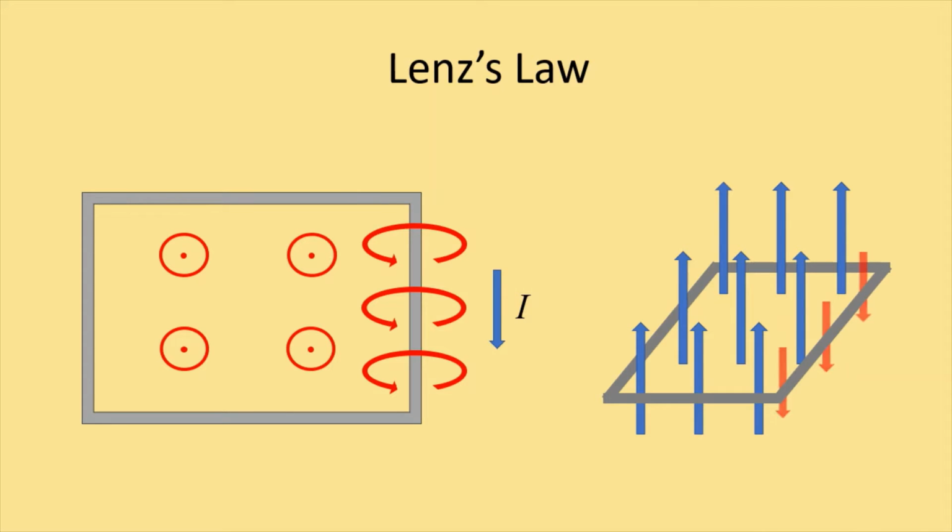So this is correct, and we will have to remember that the magnetic field generated by the current will have to be in the opposite direction to the magnetic field that we have in the loop.